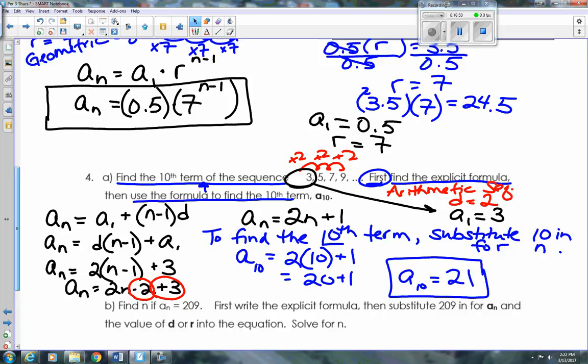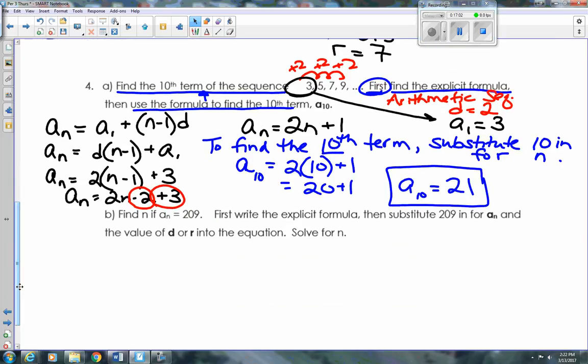All right, now part B says to find n if my term is 209. I don't know if that's the 11th term, 12th term, 13th. I know it's something higher than the 10th term because the 10th term is 21. So I need to know, well, which term is this that's 209?